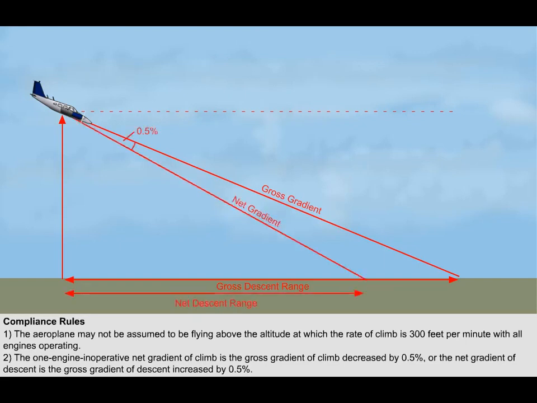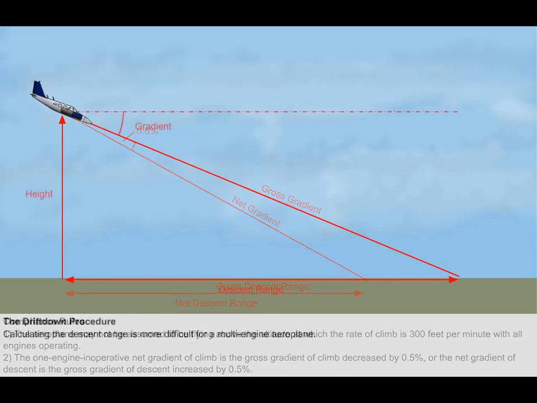This adjusted gradient is the net gradient, and it is simply adding a safety margin into the aeroplane's descent range. This is to ensure that the aeroplane will be at or above the relevant minimum altitudes for safe flight as stated in the operations manual, to a point 1,000 feet above an aerodrome.